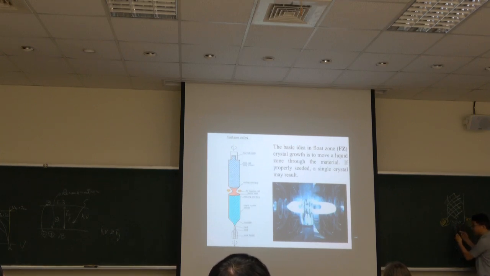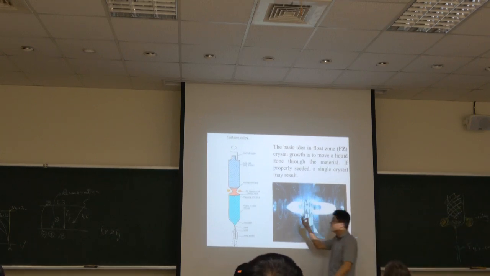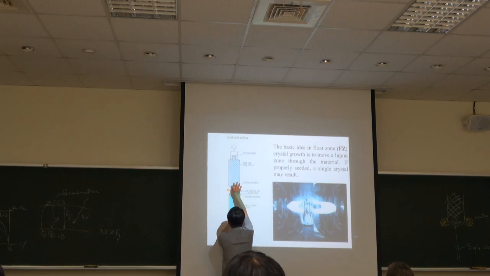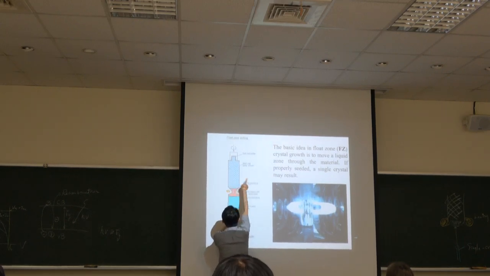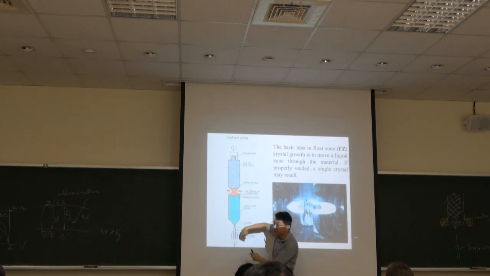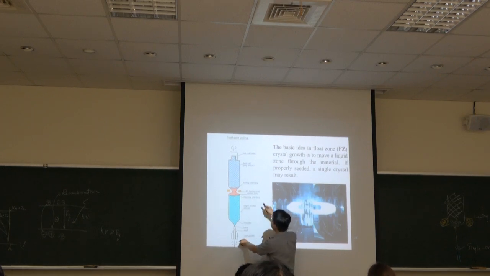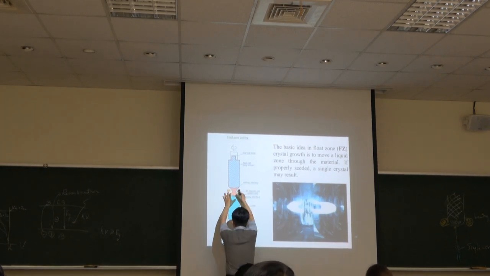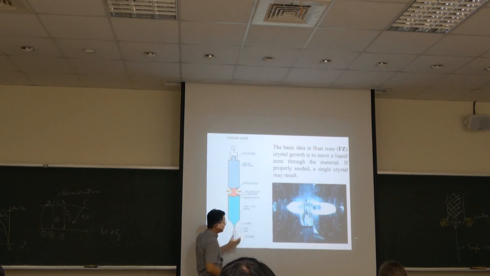It also rotates in the opposite direction. Here it rotates in this direction, and here it rotates in another direction, so you can see this is the opposite direction. Therefore you can pull down.